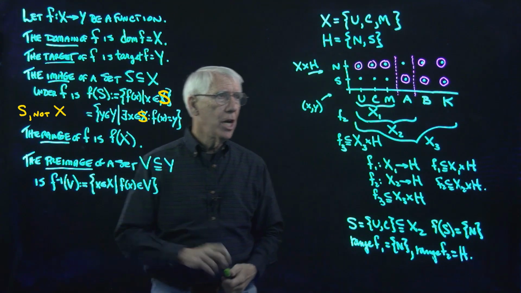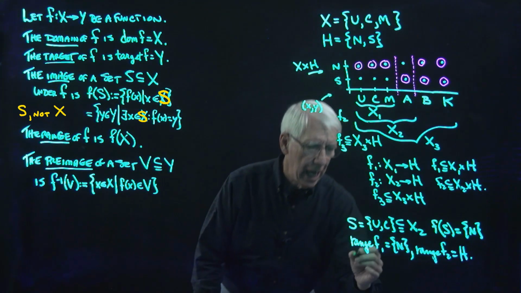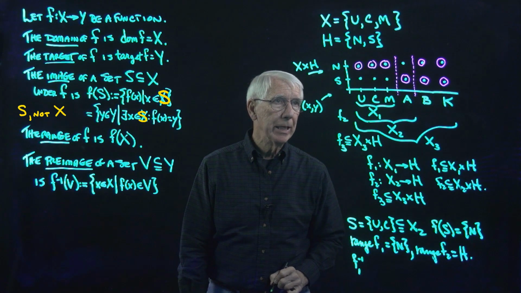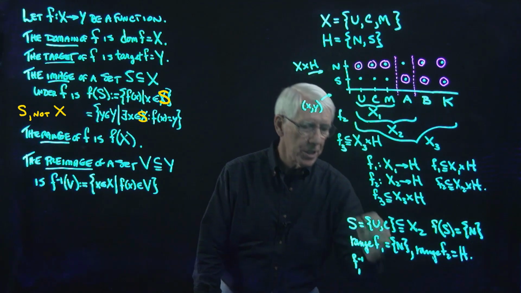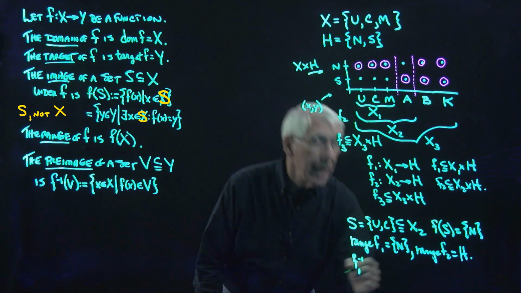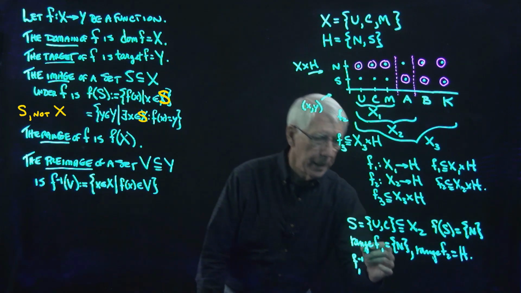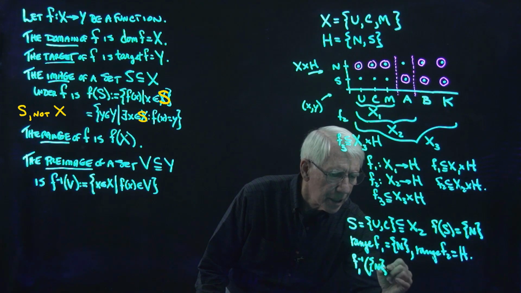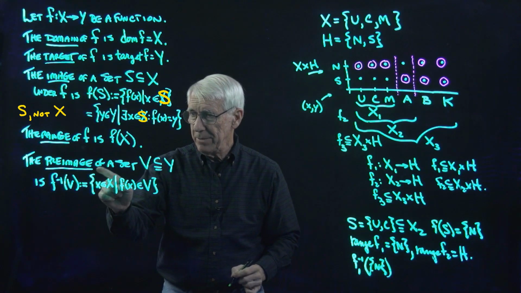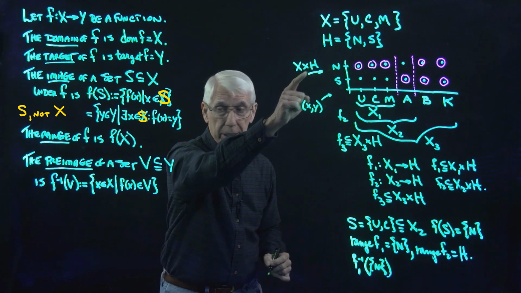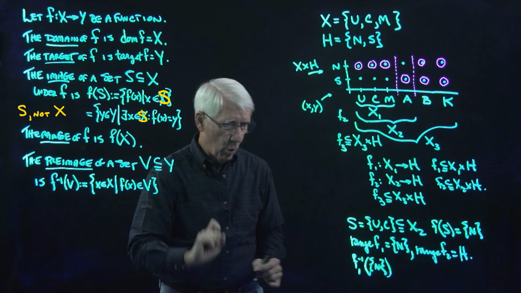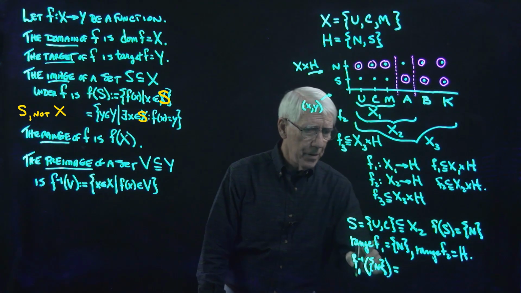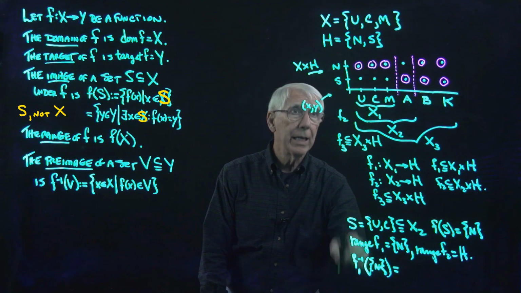And the preimage, what's the preimage under F1 of the set consisting of just n? The preimage is the preimage of a set in the target space. H is playing the role of y. That's a set. And the preimage of n under f1 is all three of these.